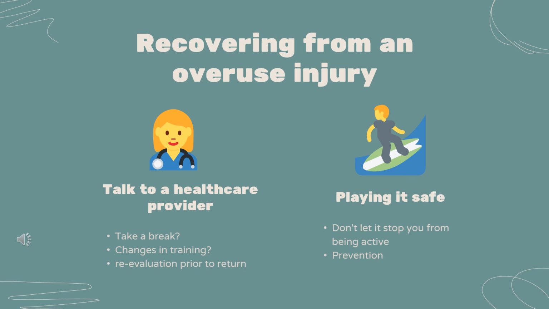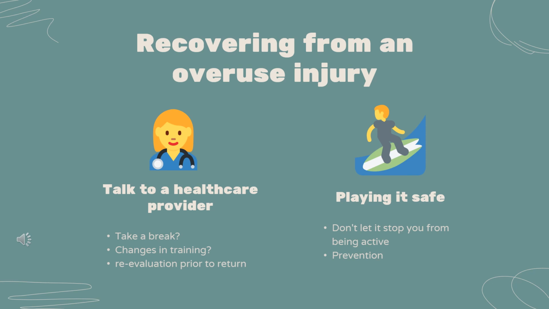Now, if you do experience an overuse injury, let's talk about how to recover from it. Step 1 is to talk to your healthcare provider. Here at CT, I'm going to recommend seeing your Atlas providers if you're experiencing any type of overuse injury. A healthcare provider will likely ask you to take a light break from the activity that caused the injury, but you may be able to perform alternative tasks or training as long as it doesn't stress the involved body part.